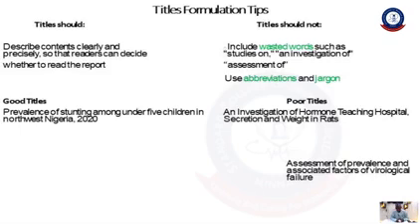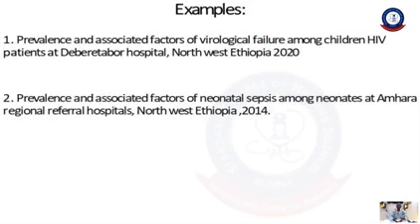That is a poor topic because nobody will be interested in hormone secretion and weight loss in rats. But if you are talking about human beings, the other good topic says prevalence of stunting among under 5 children in Nigeria. But this one says an investigation of hormone secretion and weight loss in rats in a particular teaching hospital in northwest Nigeria.